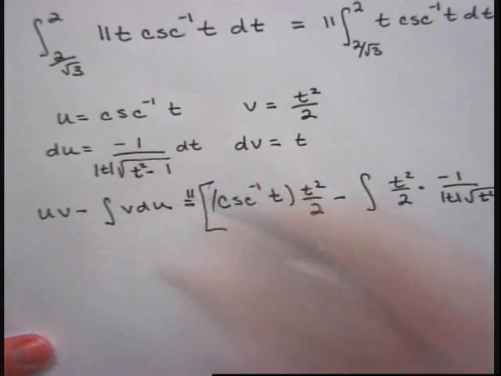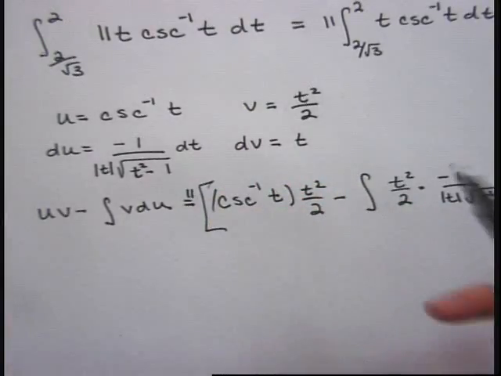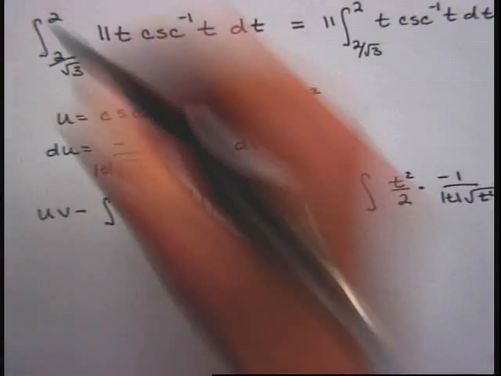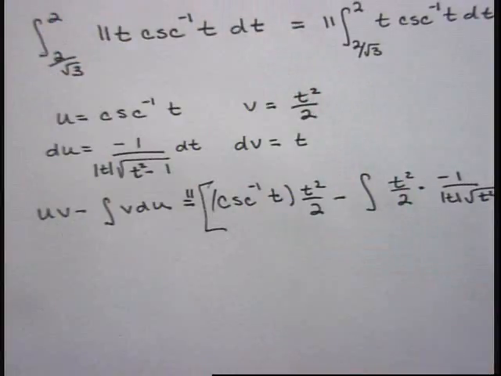That 11 is on all of that, and then of course we're going to evaluate it from 2 over the square root of 3 to 2.